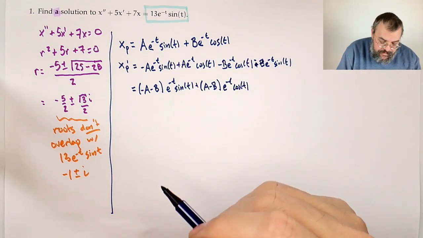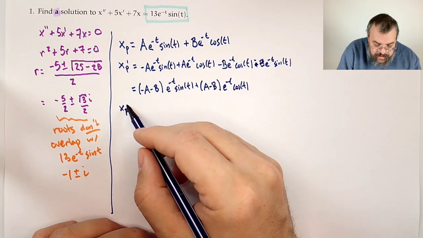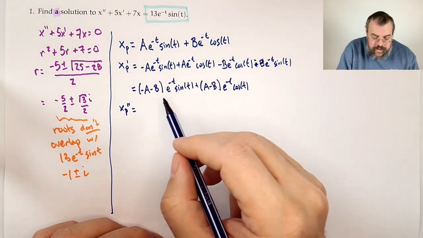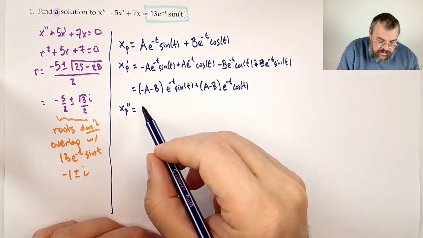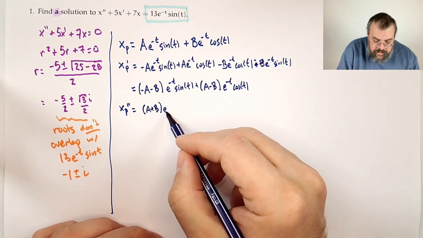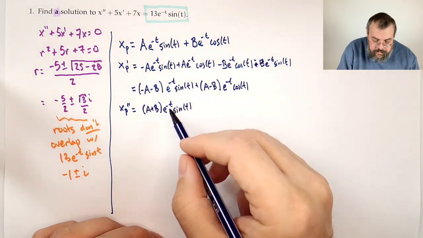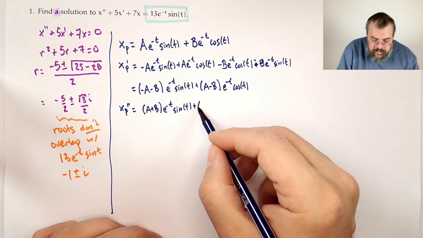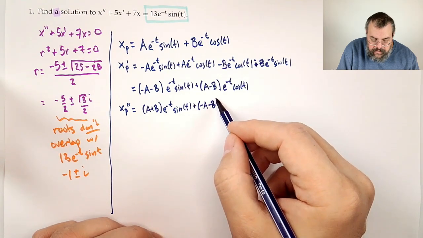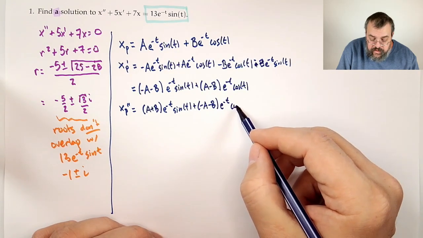Derivative number 2, very similar process, and we just work our way through it. So derivative of the first, minus comes down. So we can actually write this as a plus b, e to the minus t sine t. So that's derivative of the first term. And then plus minus a minus b, and e to the minus t cosine of t.